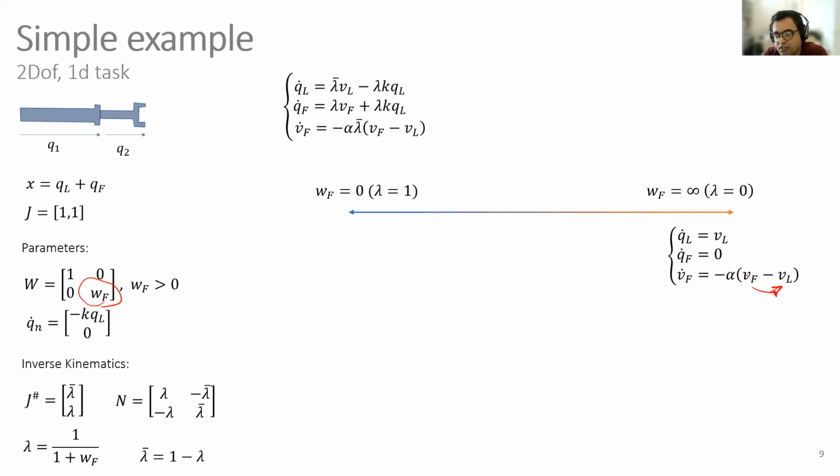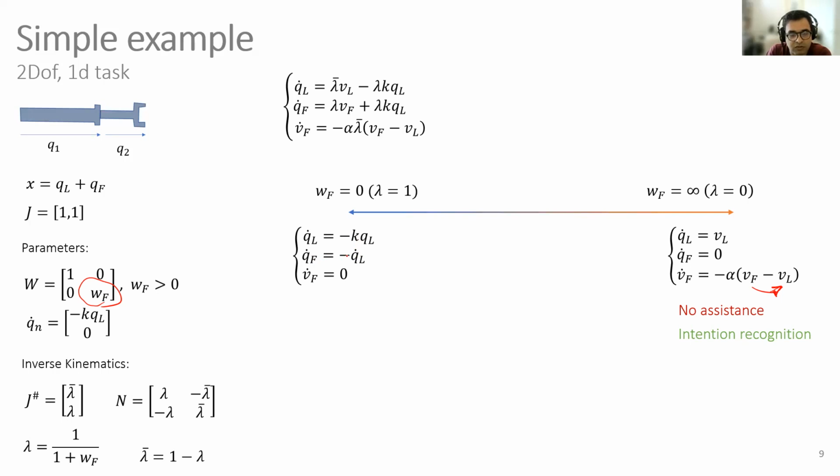So we have intention recognition because the follower understands what the leader is doing. So we have no assistance, but we have perfect intention recognition. On the other side, if we replace lambda equals 1, we see that the leader is not doing the task. So there is no VL. He's just trying to go back to his preferred posture. VF becomes minus VL.